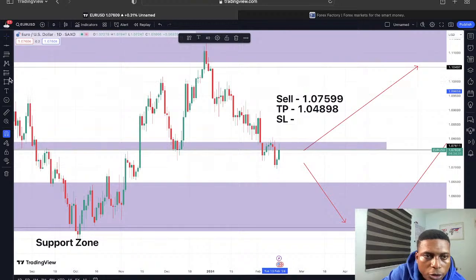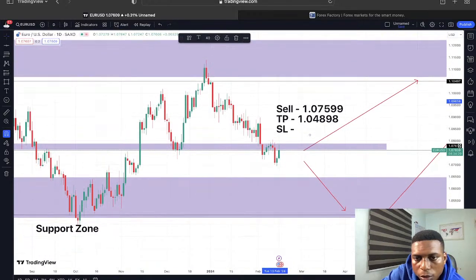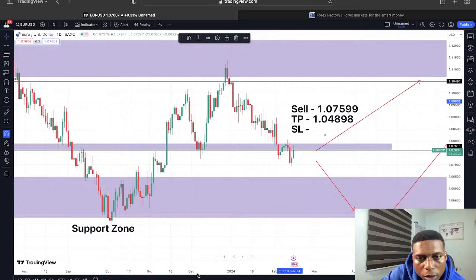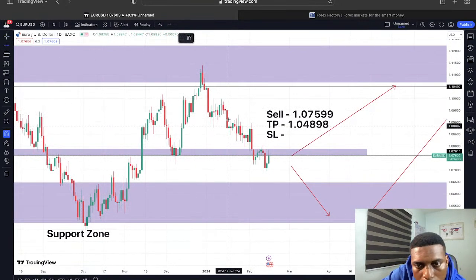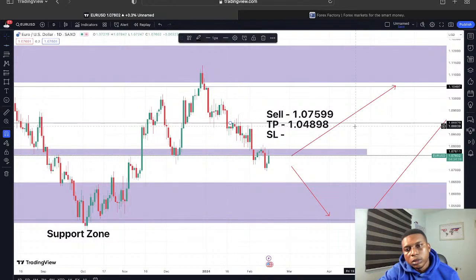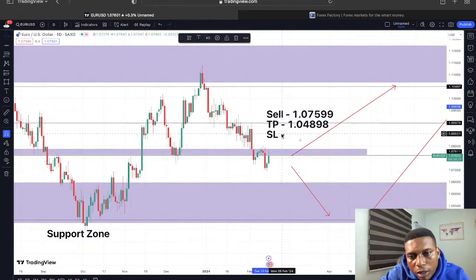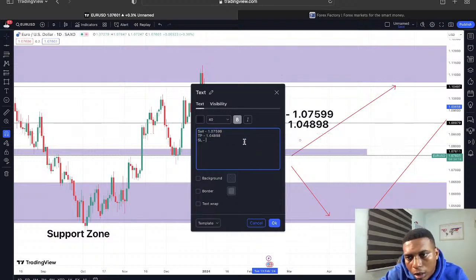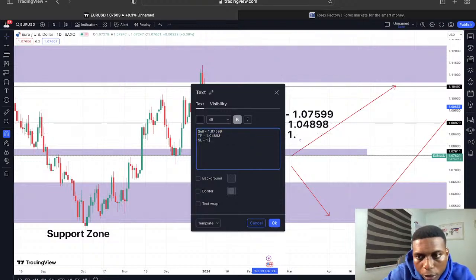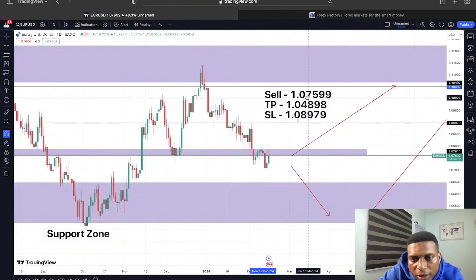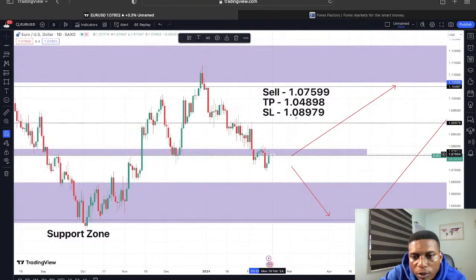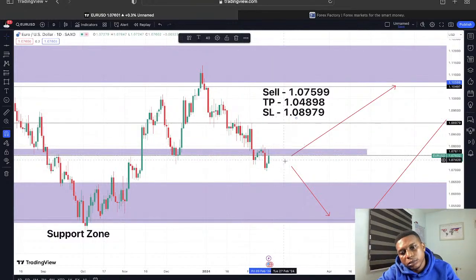You can just put our take profit somewhere here, somewhere at 1.08979. Okay, and that's it. So from here we decide to short the market down.